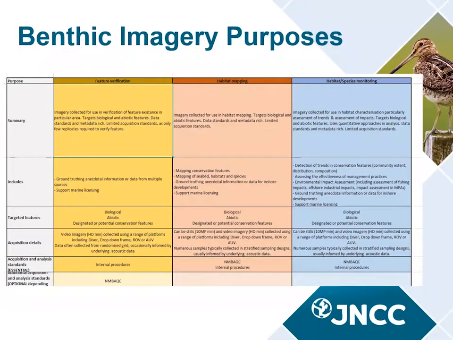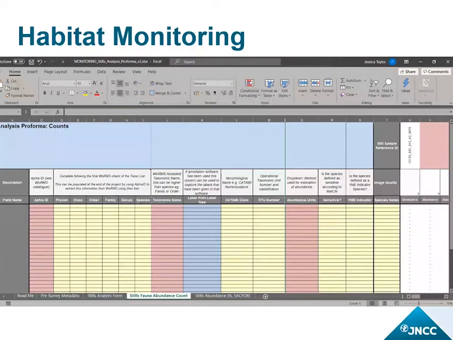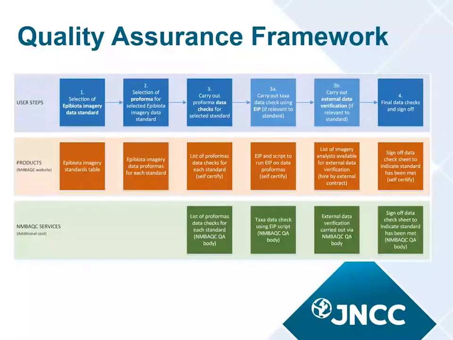And then we also created a habitat species monitoring proforma, which was the most complex of all of the proformas because it has the most information in it, and it also contained the matrices for abundance and percentage cover data and SACFOR data.